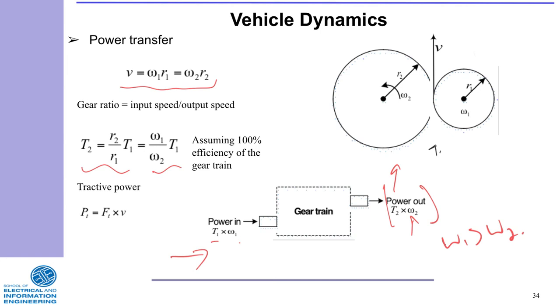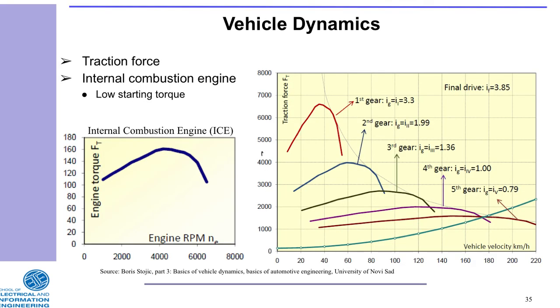Now remember we said 1 is our engine. I'll come back to this engine. Now coming back to this figure here, this figure shows us that at lower speeds, this is the speed axis, in kilometers, and then this is the tractive force.